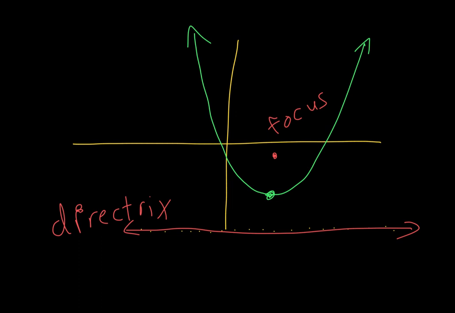Every point on my parabola, so if I take this point right here, it would be the same distance from the focus as it is from the directrix, which should go straight up and down.